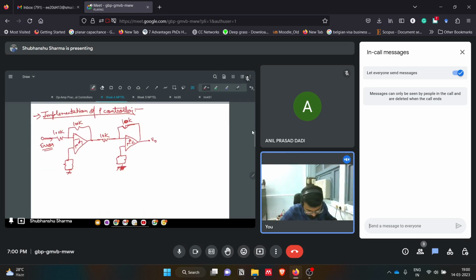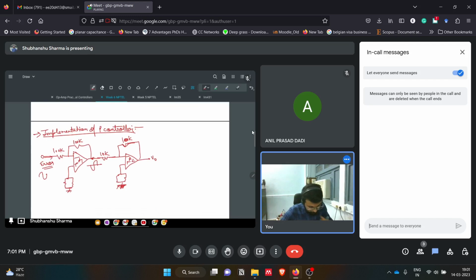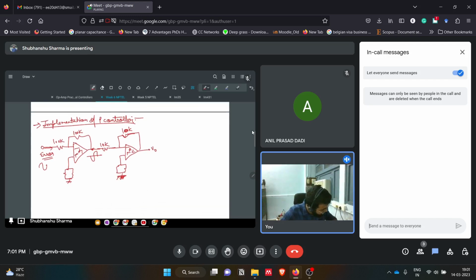So what is happening? This is basically inverting the signal here in this case. So we have given some error signal like this, and we have considered this 10k to be a variable gain resistor, where we are changing its gain so that we can choose our gain according to our wish.